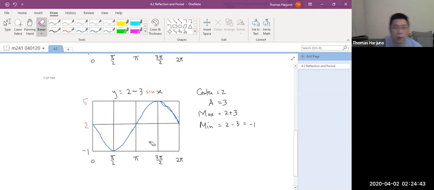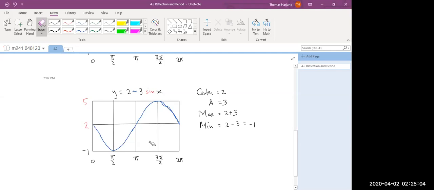That's what the graph looks like. So they still keep the same center, the same amplitude. The amplitude doesn't change if you put plus or minus in front of the coefficient. Okay, it's the shape of the graph being reflected with respect to the center. Are you with me? Yes.